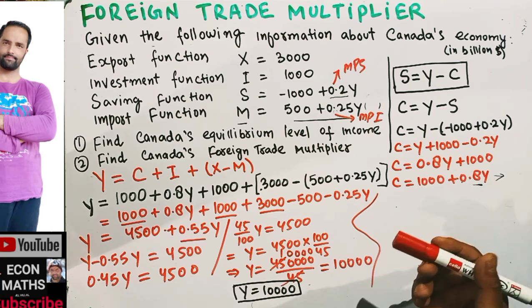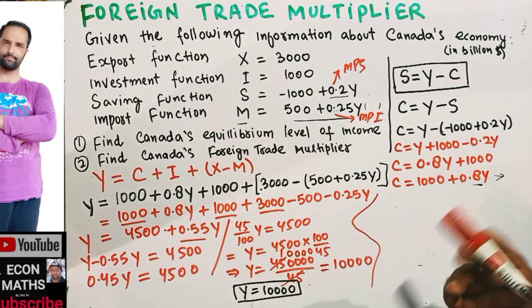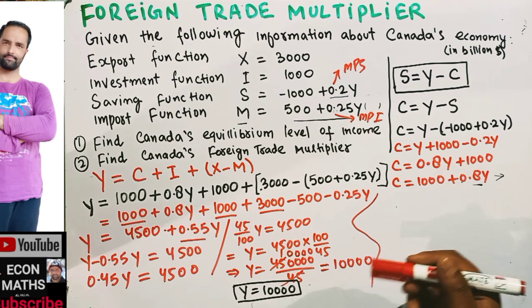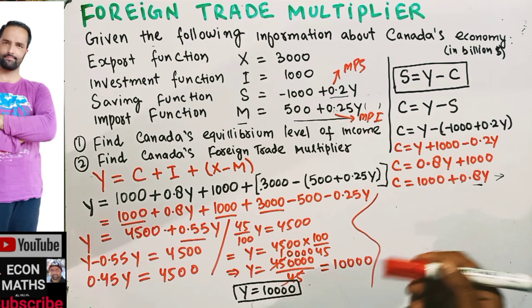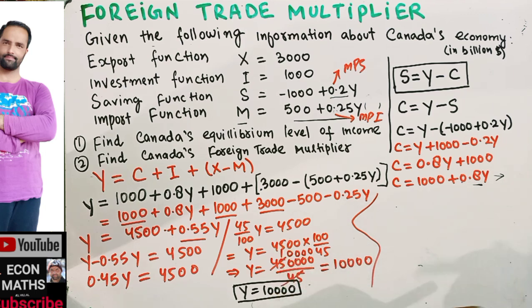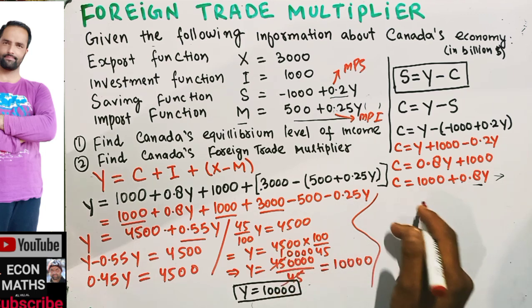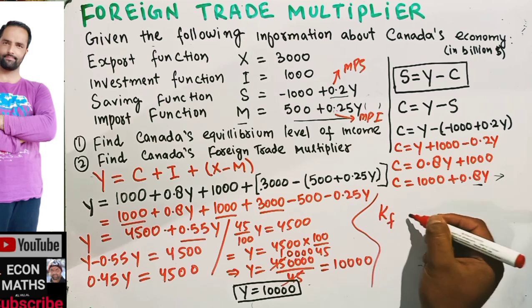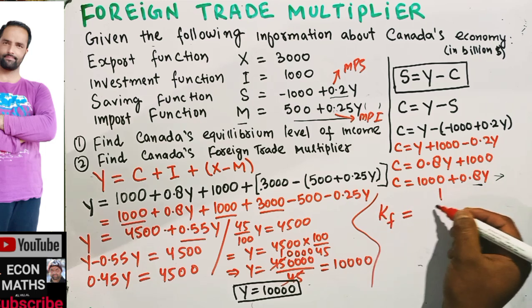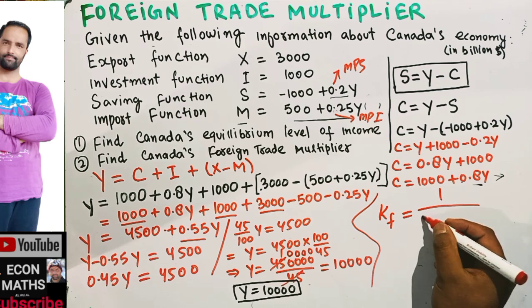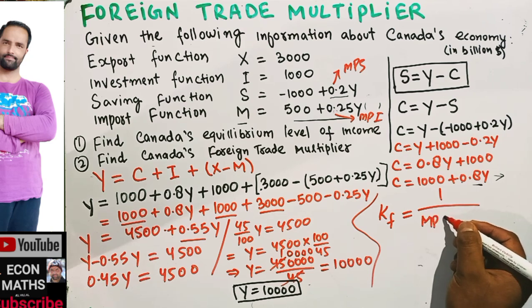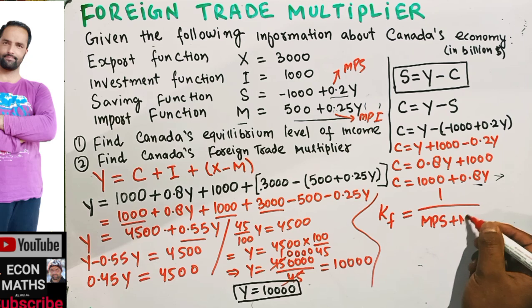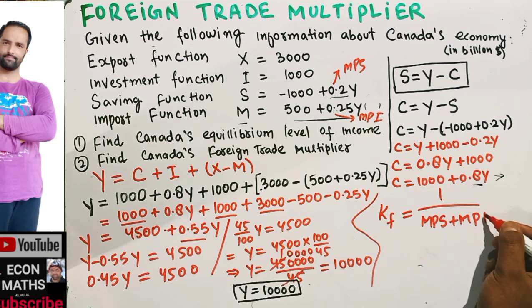So how much our income will increase when there is a 1 unit increase in the investment on exports. And the foreign trade multiplier, let us denote it by K subscript F. It is simply equal to 1 upon marginal propensity to save plus marginal propensity to import here.